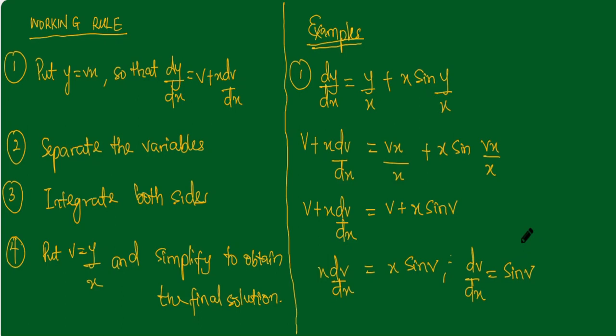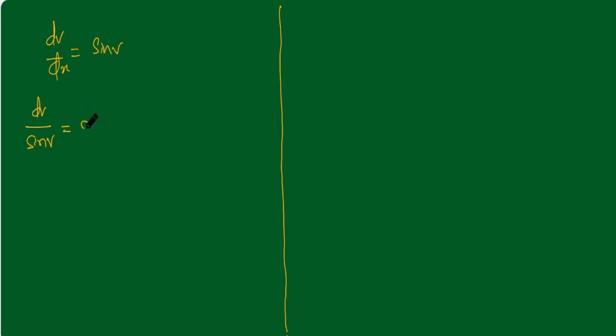Now this looks like a function in v and x and one that we can separate. So using the separation of variables, we have dv dx equal to sine v. On dividing both sides by sine v, we have dv divided by sine v is equal to dx.